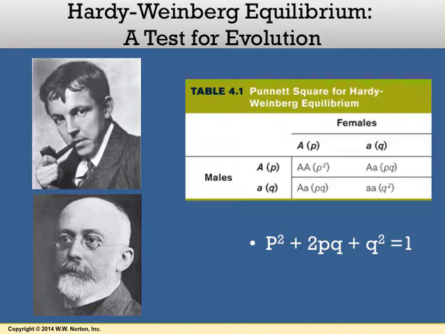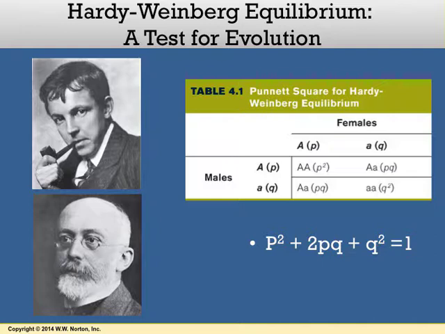If we let everyone interbreed, the frequency of individuals who are homozygous dominant, big A, will be P squared, or 0.7 times 0.7, which is 0.49. So 49% of the offspring will be big A. The frequency of individuals who are homozygous recessive, little a, will be Q squared, or 0.3 times 0.3, which is 0.09.